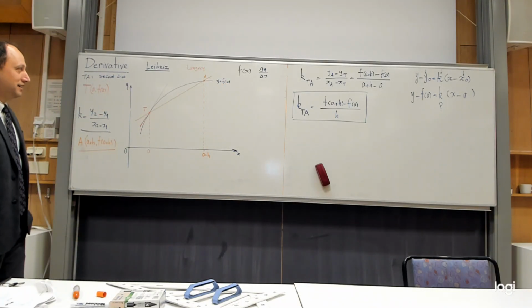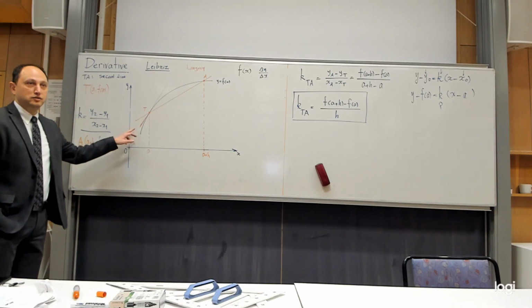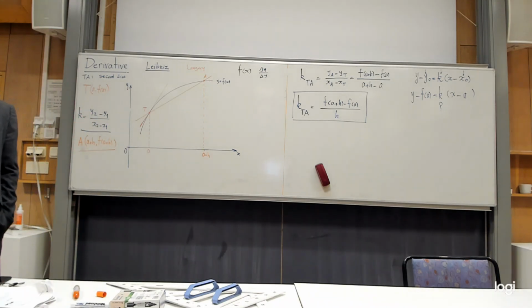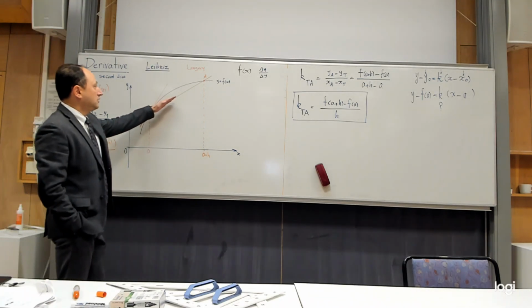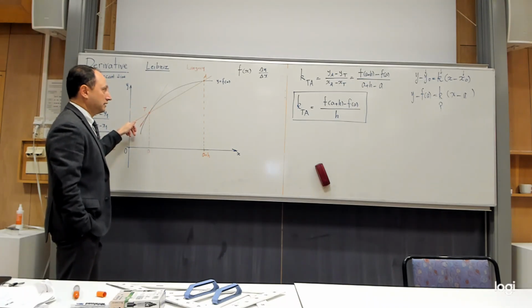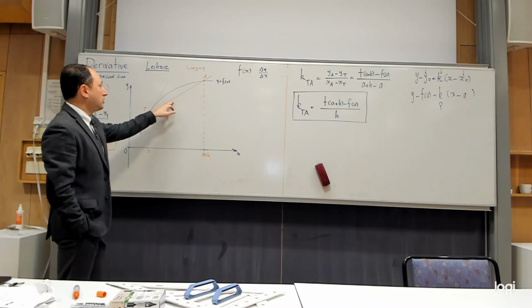But if Leibniz wants to sell this k value as the k value of the tangent line, probably you will not buy it because these are not the same lines, yes? This orange line was not my target. My target was to find an equation for the red line. And this one is the k value of this orange line.